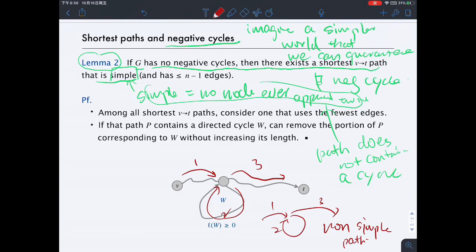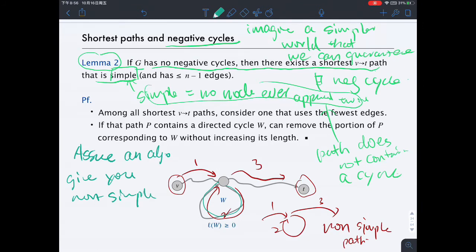The key message here is that in case you are guaranteed that the graph doesn't have any negative cycle, and somehow the algorithm decides that it's the shortest path between V and T, and you find a cycle here, so just assume that an algorithm gives you a non-simple path, and assume that there's a cycle that looks like that.